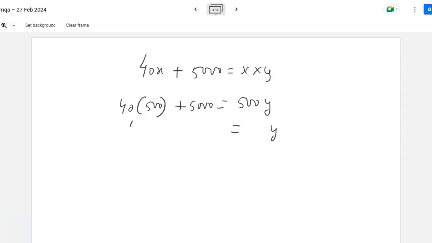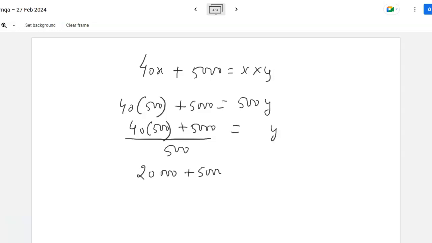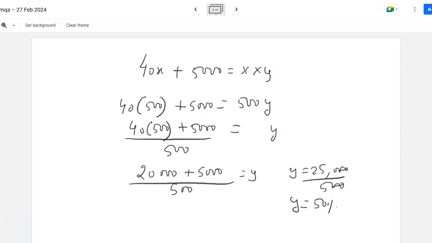Retain y on one side, everything else on the other side. So y is nothing but 25,000 by 500, 250 by 5, which is nothing but 50%. So the pass percentage for which the examination was conducted is 50%.